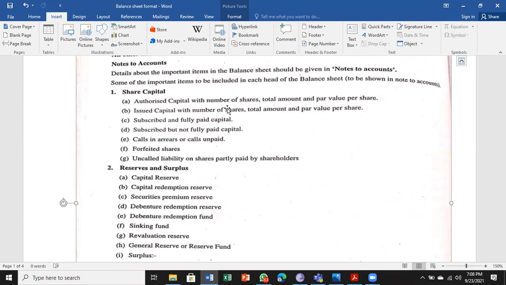Before that, let me just brief you. Share capital is of 2 types for the company. One is equity share capital. The second one is preference share capital. Every company needs to collect money from the public towards the capital. That capital is called equity capital.